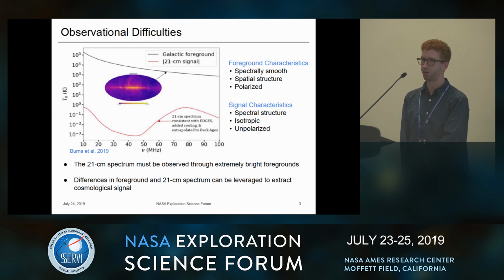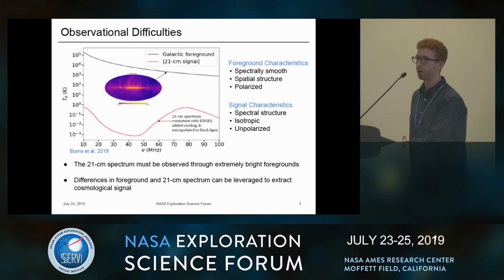Fortunately, there are some key differences in the characteristics between these foregrounds and the 21 centimeter signal that we can leverage to pull them apart and extract the 21 centimeter spectrum specifically. And so this is already just a difficult problem of extracting these two different components of the data.